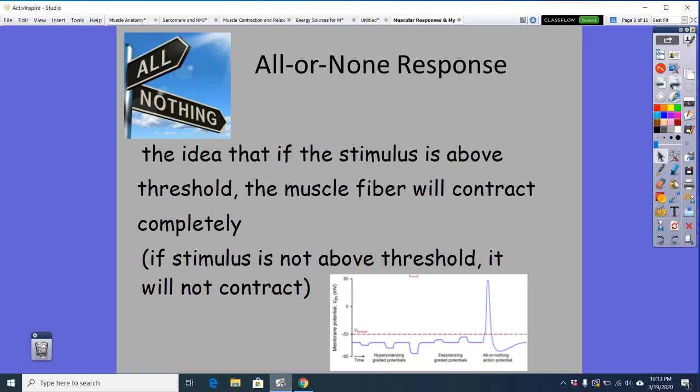There is no break in the middle. There is no half contraction. If you turn an action potential into a muscle impulse, then it will contract. And the all or nothing definition is the idea that if the stimulus is above threshold, the muscle fiber will contract completely. If it's under it, then it won't.